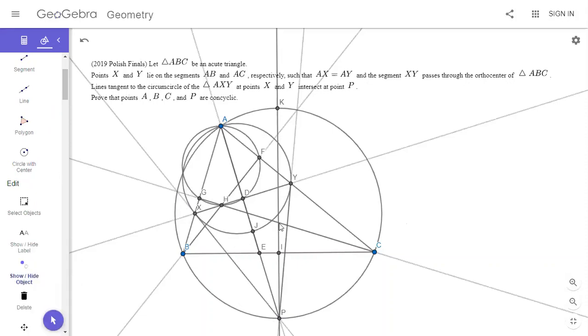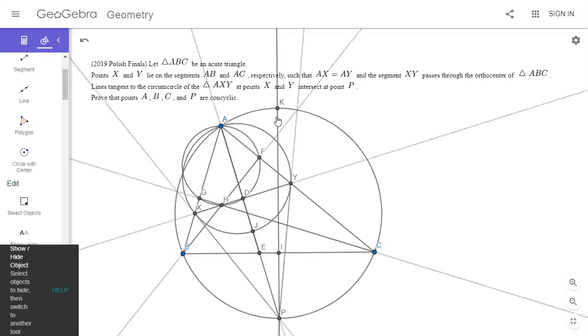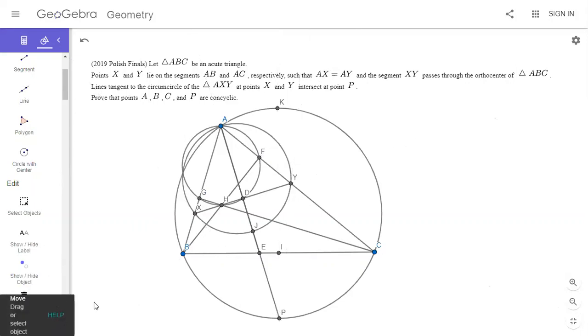So what if I hide PX and PY, and I define P to be the midpoint of this arc, and then I want to show PX and PY are tangent to the circle? I kind of like that better. So what would that mean if PX and PY are tangent?